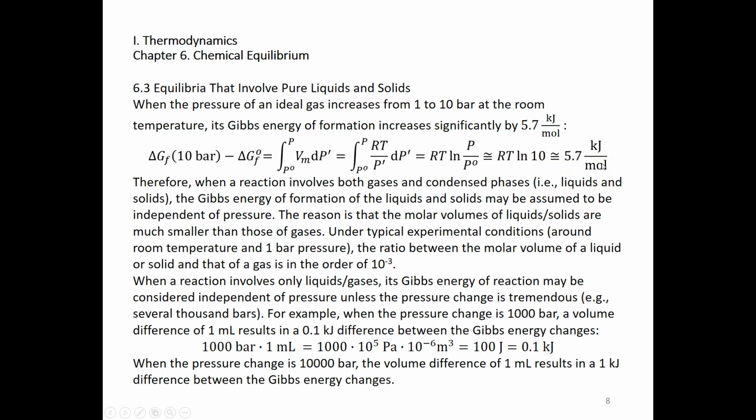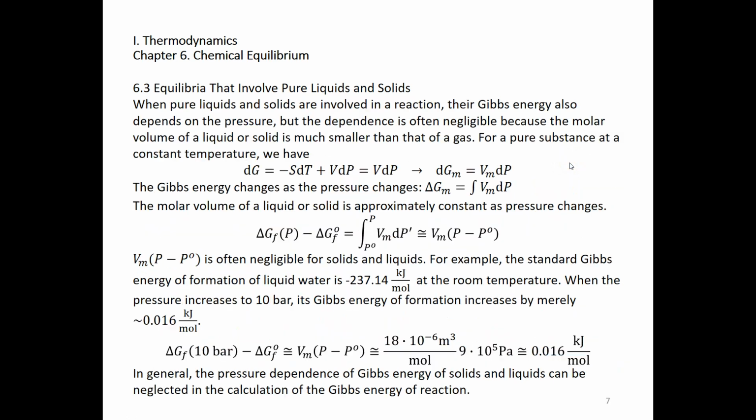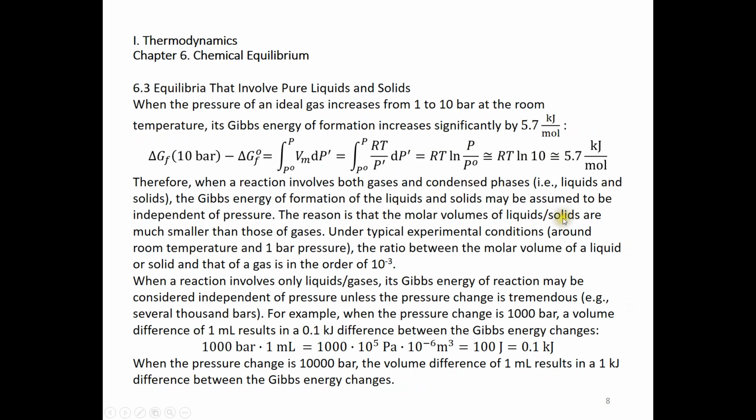So if you change the pressure of a gas from 1 bar to 10 bars, its Gibbs energy will change by this much, 5.7. However, if you do the same pressure change to a liquid, the Gibbs energy changes only by 0.016, versus 5.7. Huge difference.